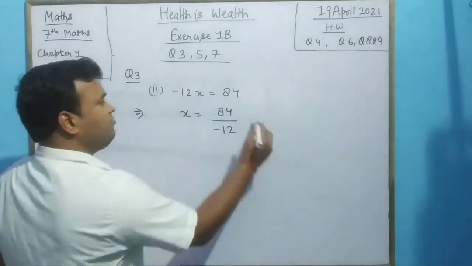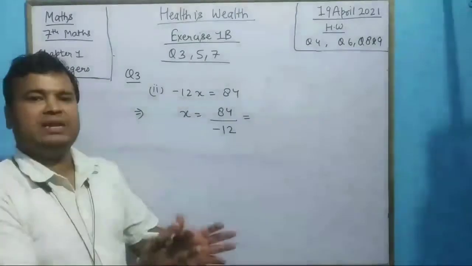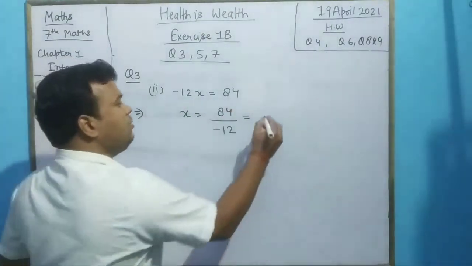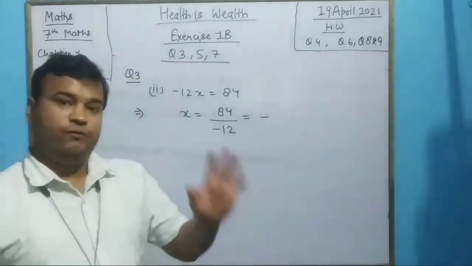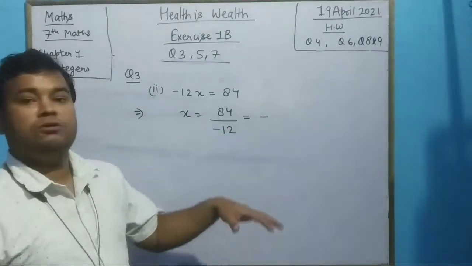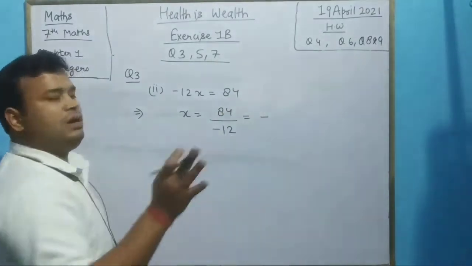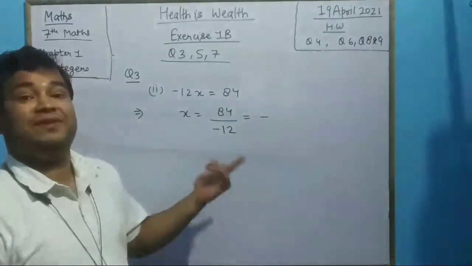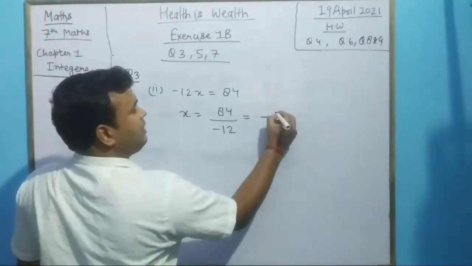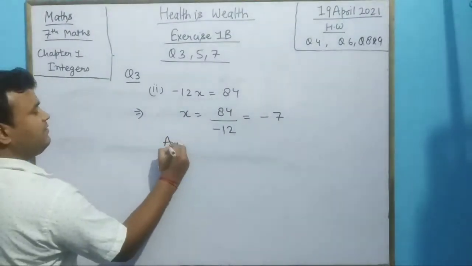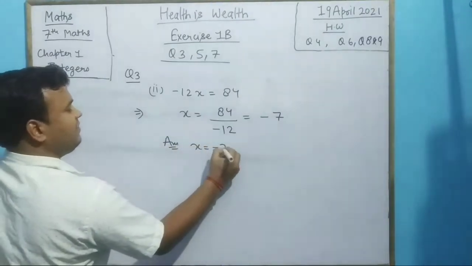How many negative signs are there? There is only one negative sign, so it will be negative. One is odd. If you don't know this, see the previous video. Divide 84 by 12. 12 sevens are 84, so it will be minus 7. So the answer is minus 7.